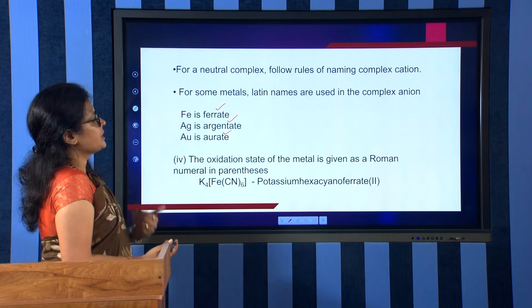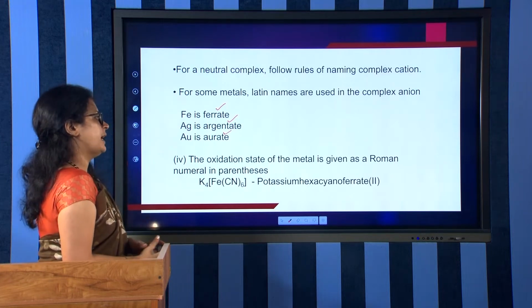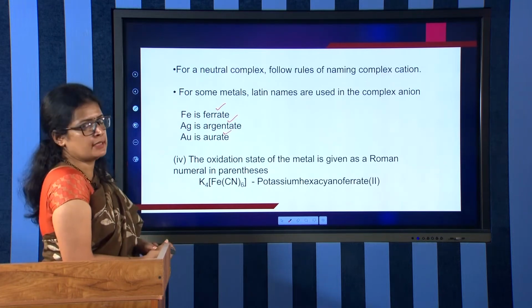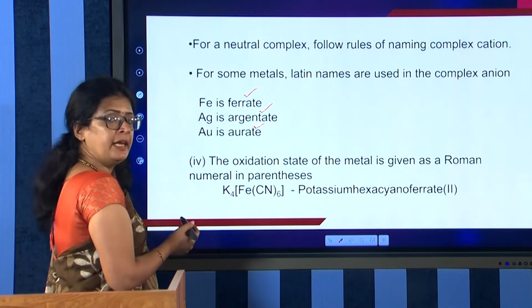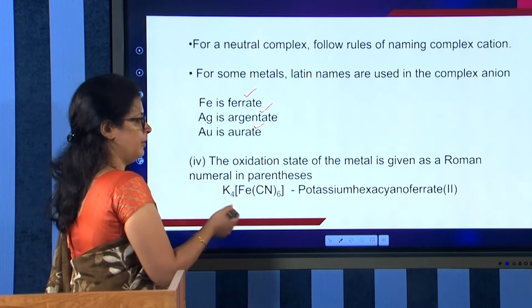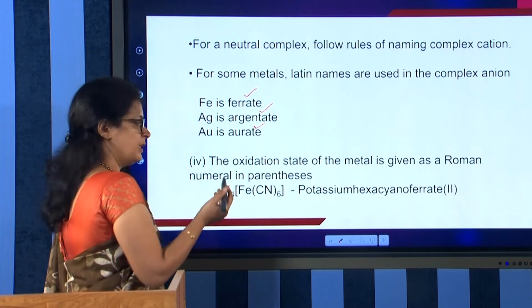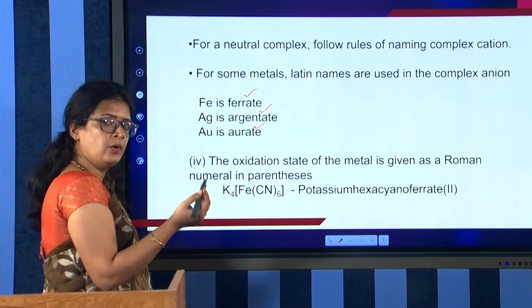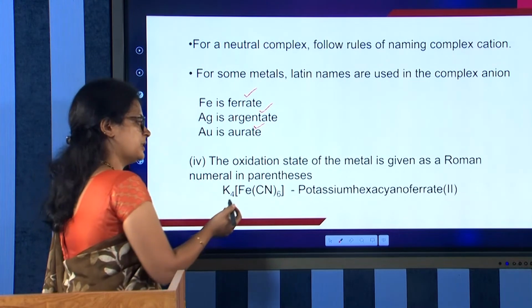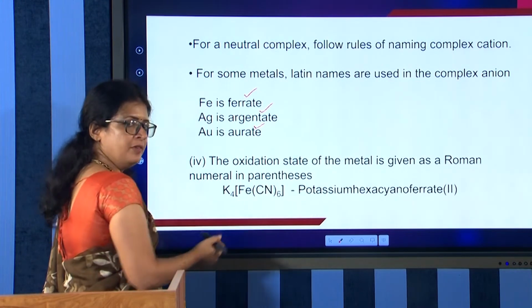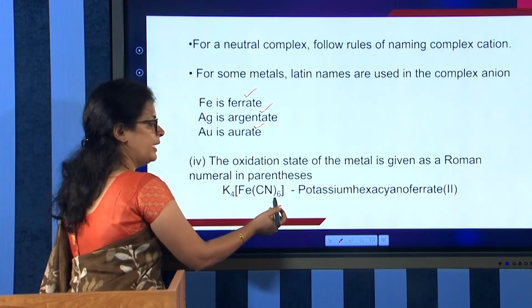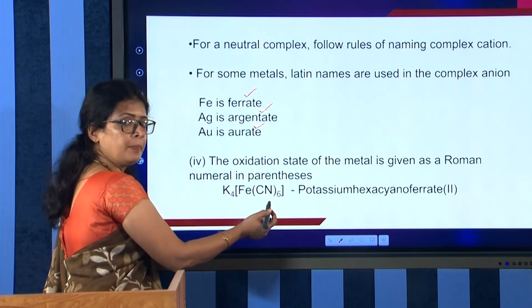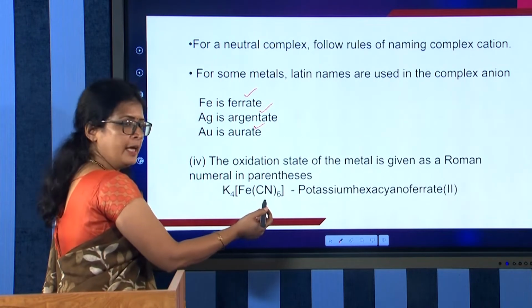And now the oxidation state of the metal is given as a Roman numeral in parentheses. For example, K4[Fe(CN)6]. While naming the complex, we have to follow the rule that if a cation and anion are given, we name the cation first. That is why it is potassium first. Now name the anionic complex. We have to name the ligands first, and the number of ligands, that is 6.